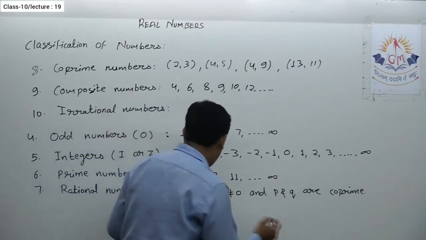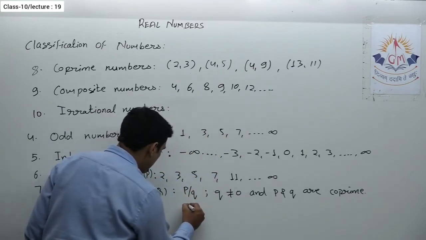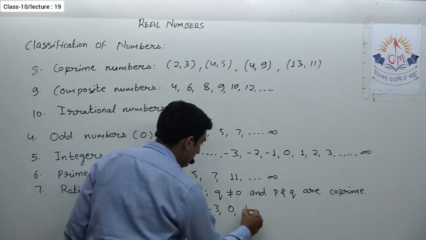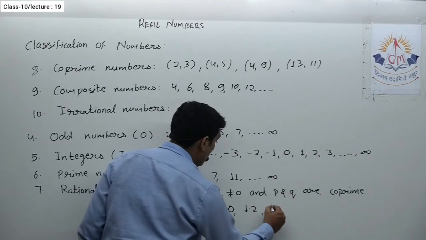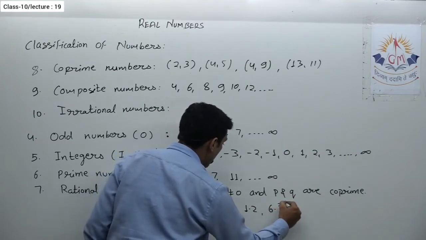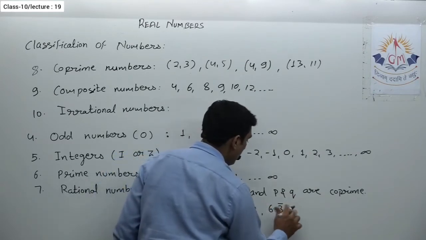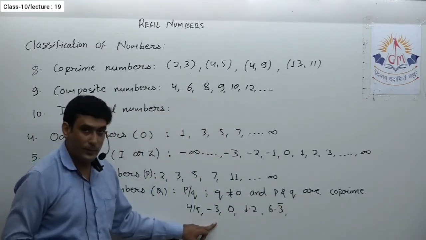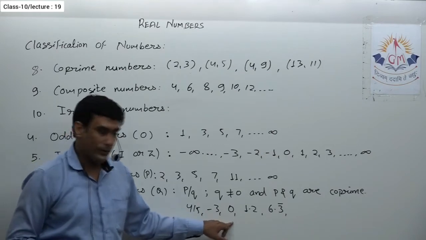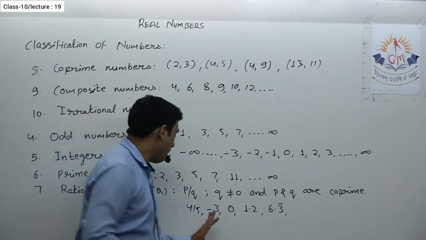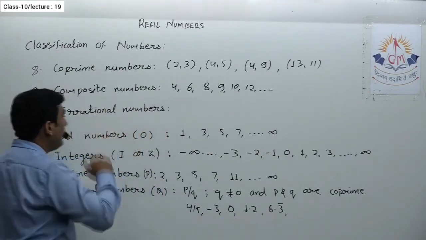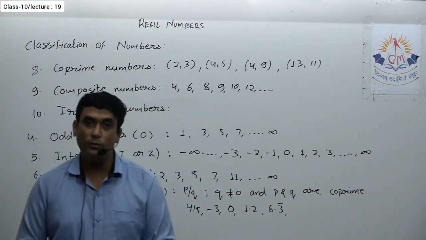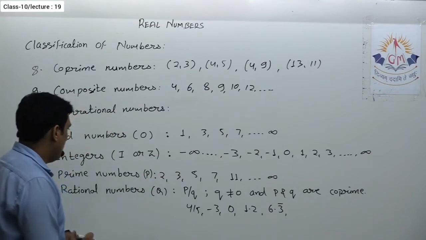Examples: 4 upon 5, minus 3, 0, 1.2, 6.3 bar. Here p upon q, denominator is not equal to 0. These all are rational numbers. So what are irrational numbers? Those which cannot be written in the form of p upon q are called irrational numbers.